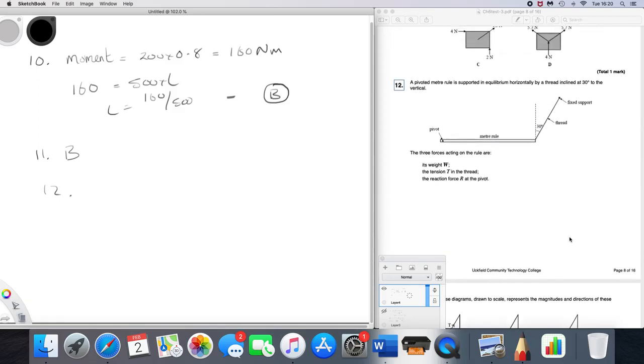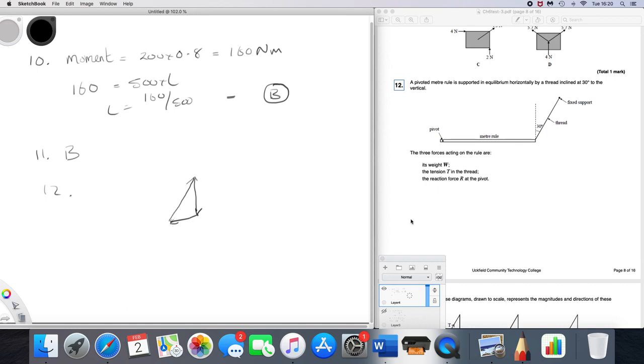Well, if it's going to be in equilibrium, then your tension and your weight are going to be balanced by your reaction, right? So given that we know the tension is up and to the right and the weight is vertically down, then the reaction must be going to the left.